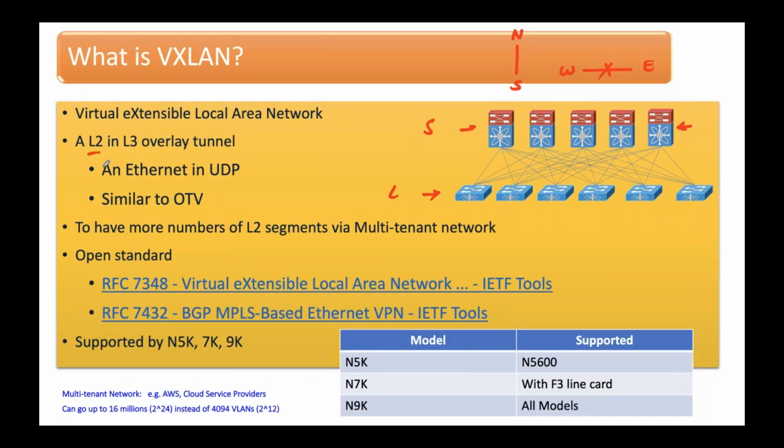This is called L2 in L3. L3 is nothing but the underlay, and VXLAN provides us L2 connectivity. We also call it Ethernet in UDP, I should say IP. That means the Ethernet, that layer 2 802.1Q which is VLAN, is removed and the Ethernet packet or the frame is encapsulated by a UDP header followed by an IP header.